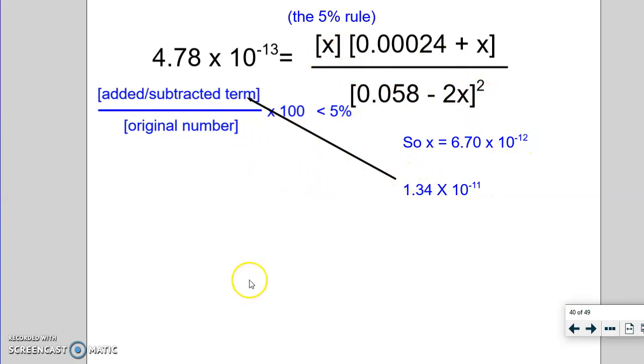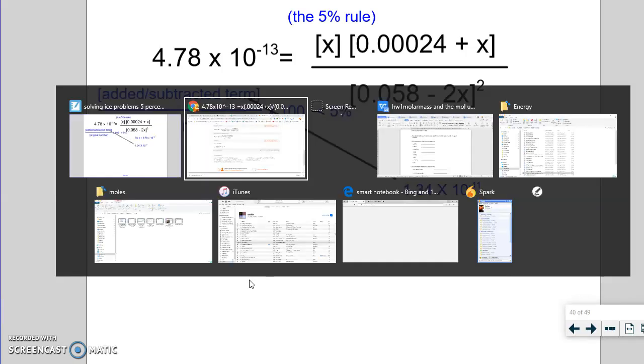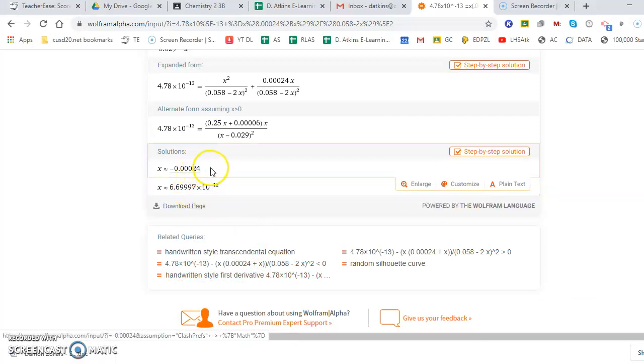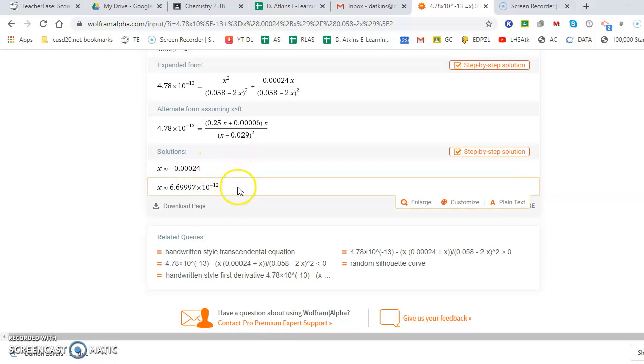So you basically can't end up with negative mass. Generally it's a case-by-case basis, but this is going to be our answer here. Generally the negative answer you can throw out, or an answer that produces a negative value when you plug it back into the original expression. We can throw those out as well. And so that's how you do math when it's hard.